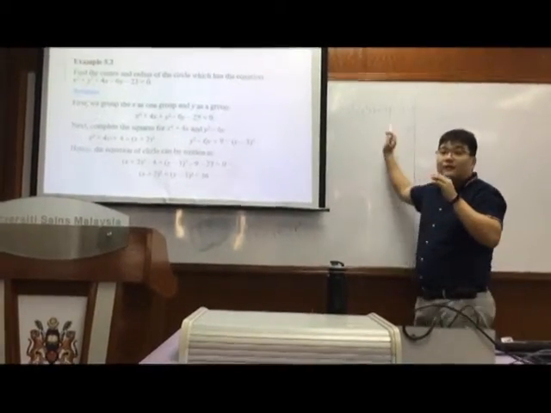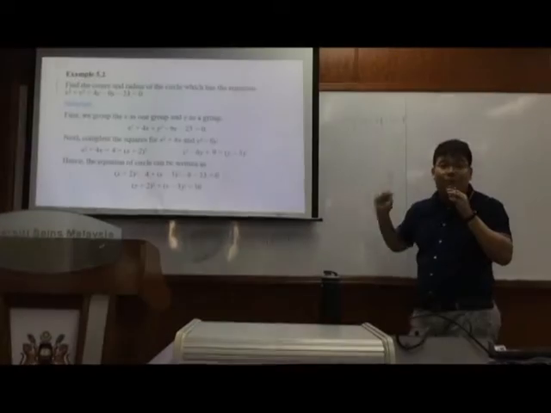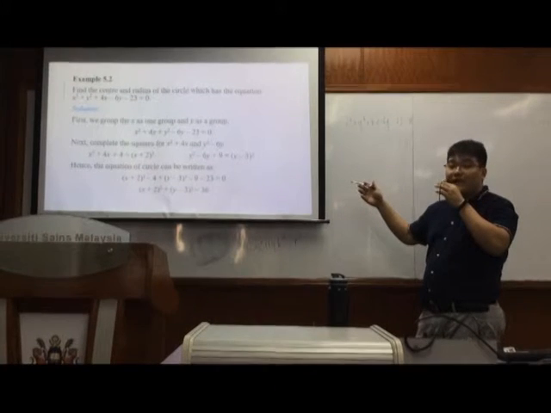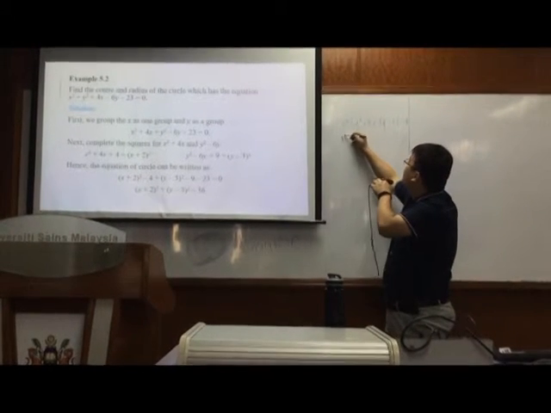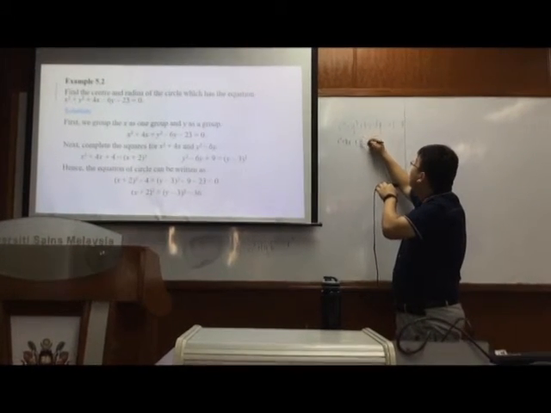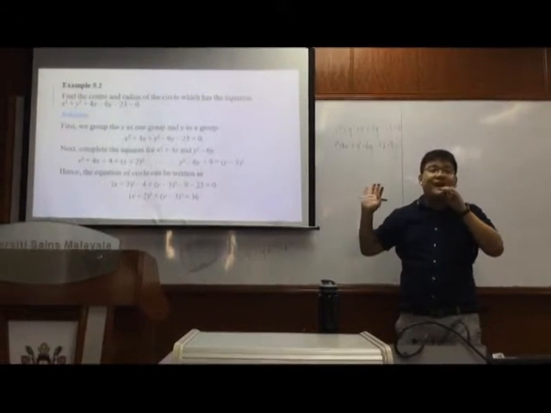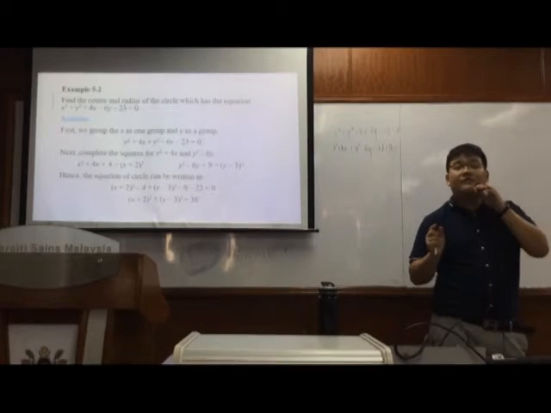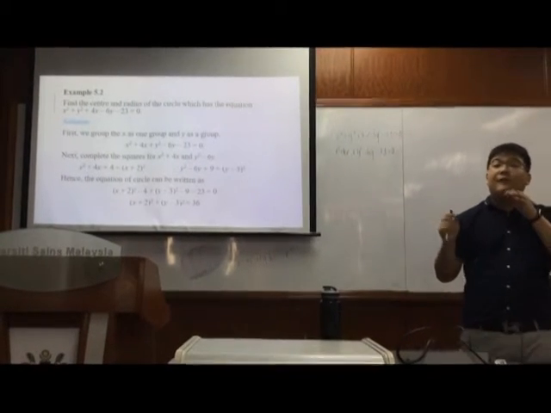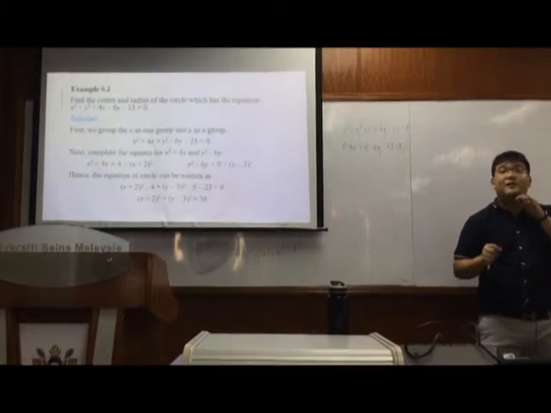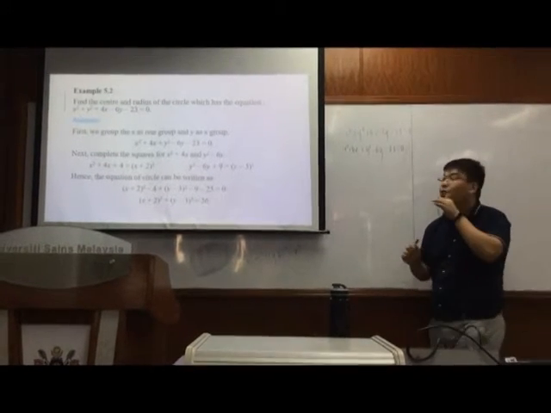From here, we have to group the x and y together first. x belongs to x, y belongs to y. So we have this. After we group all the x and y together, now we can do completing the square. How do we do completing the square? Do you remember when you learned this in Form 4?